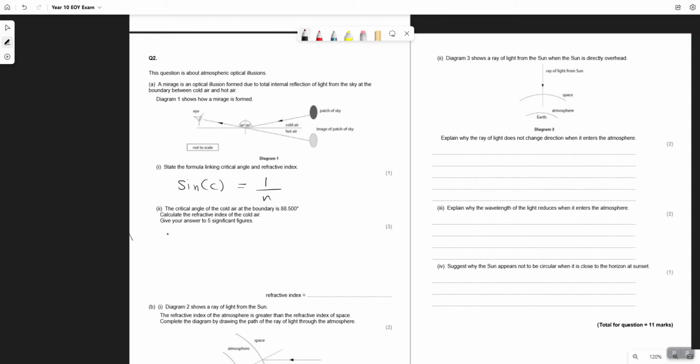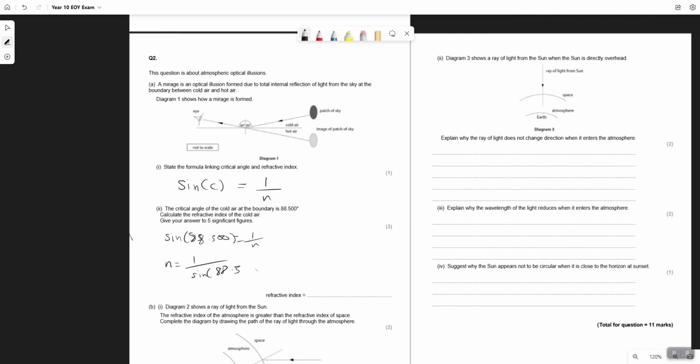So we would say sine of 88.500 equals 1 over n. So we end up with n equals 1 over sine of 88.500.